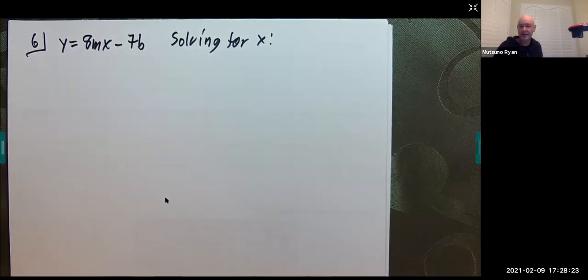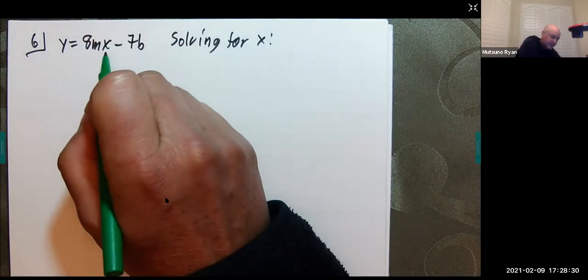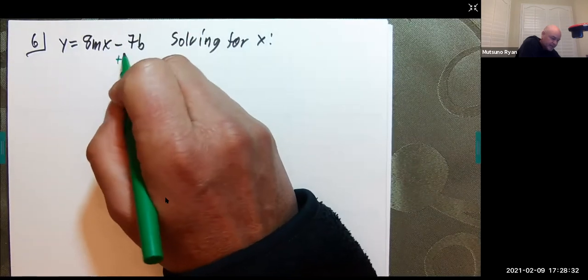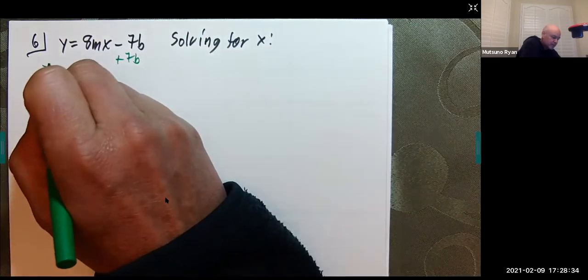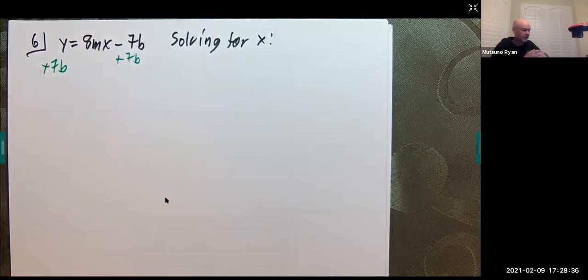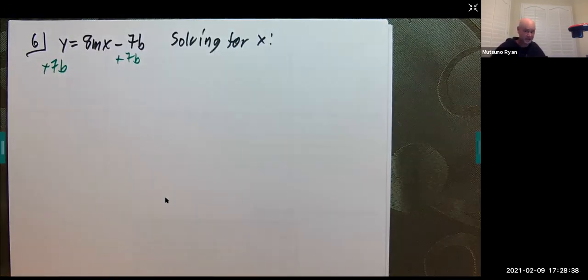Well, I'm going to treat this like I would any other linear equation. And I'm going to note that I'm trying to get x by itself. So I'm going to add a 7b. And I'd like to point out that y and 7b are not like terms, so they can't combine.